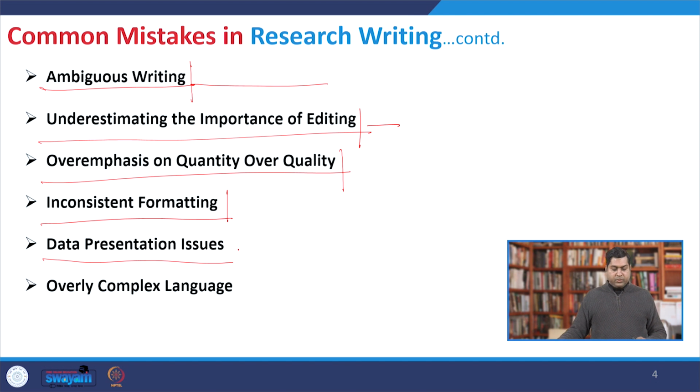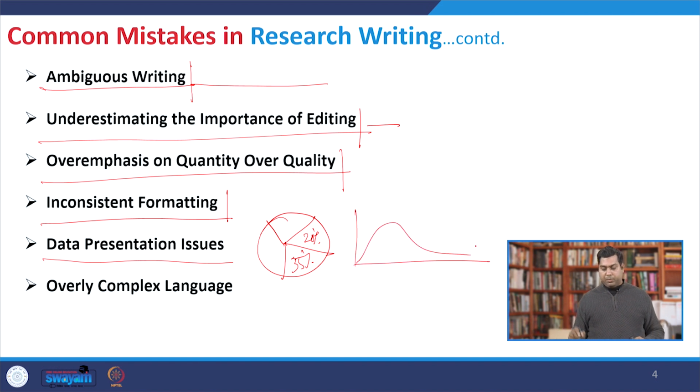Then the other issue is data representation. Say you want to do some kind of analysis and show the frequency. Suppose you write it in percentage somewhere, and then use a pie chart, and the same information you give in a bar chart or in a particular graph.